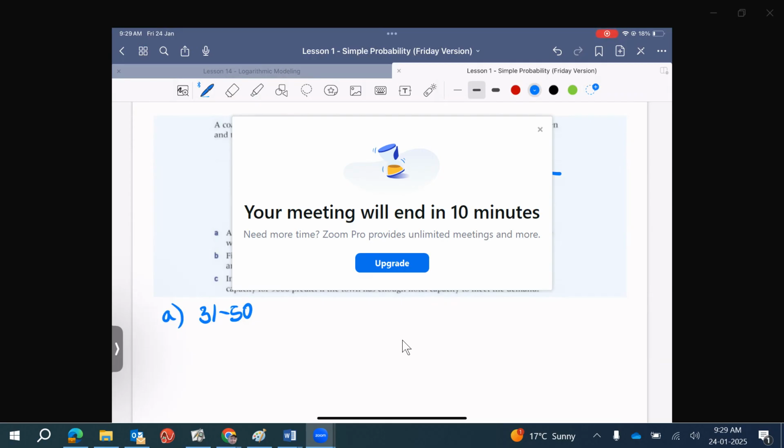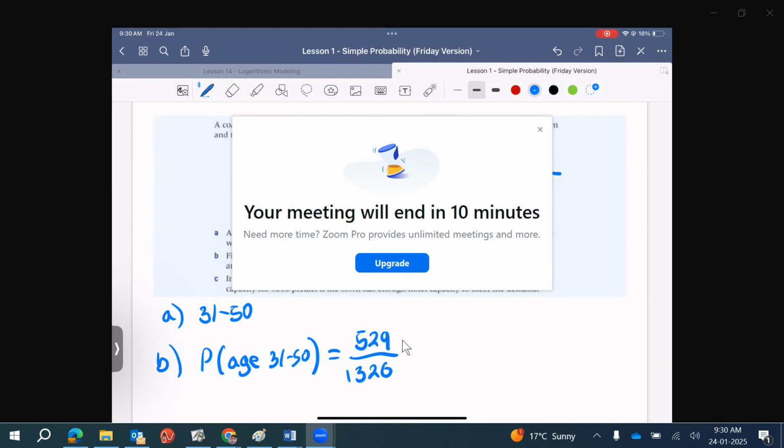B. Find the probability that the tourist chosen belongs to this age group, expressing your answer as a decimal. So B. The probability of age 31 to 50 is equal to 529 over 1326.